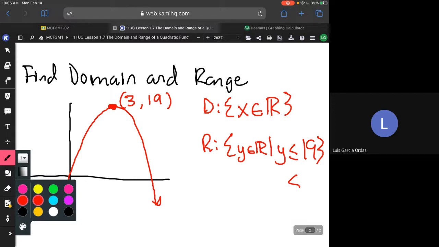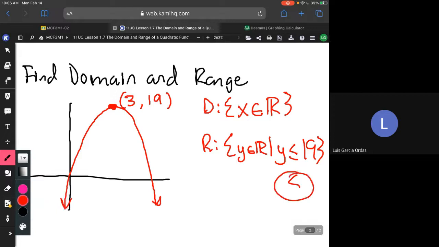But because the vertex always hits that specific point, that's why we use the inequality greater than or equal to and less than or equal to. We never use this one unless we're talking about other functions, which we will get to probably tomorrow. So don't use it yet.